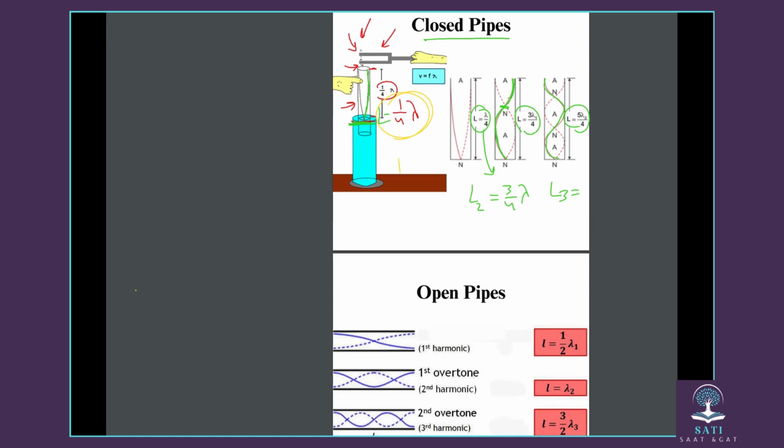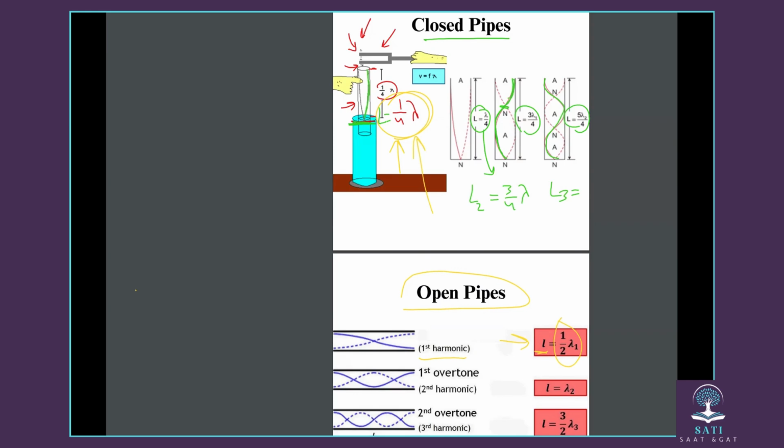Memorizing the first one is very important. What about if the tubes are open, meaning open from both sides? Same idea, but here the first harmonic, the first resonance, you hear when the length is exactly half lambda. So closed starts from quarter lambda, while open starts from half lambda.